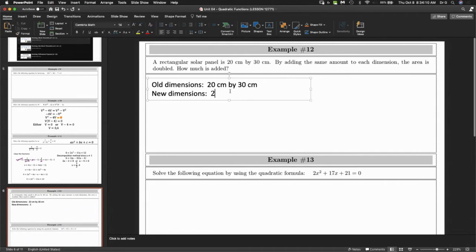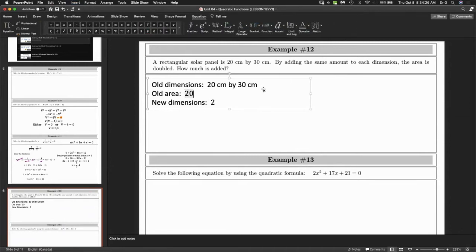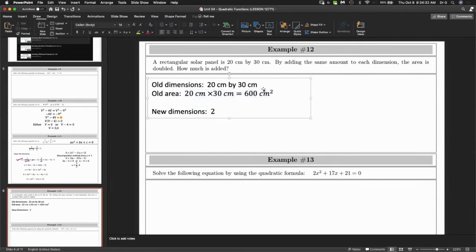Good work. Now let's talk about this here. What is the old area? What's the old area? 600, 20. So the old area is 600 centimeters.